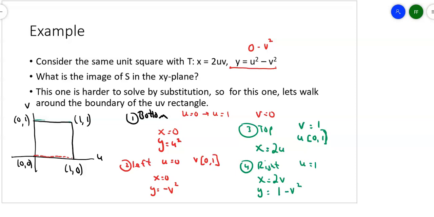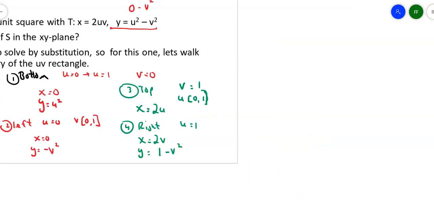Now, the goal is to find some relationship between x and y. And now is where we get to make an educated guess. Oh, it would probably help my case if I finished out that one on the top. If x is equal to 2u, then what is my y? My y is equal to u squared minus 1.